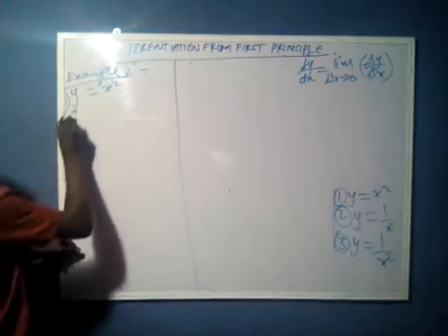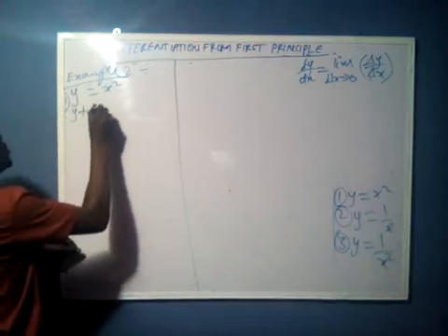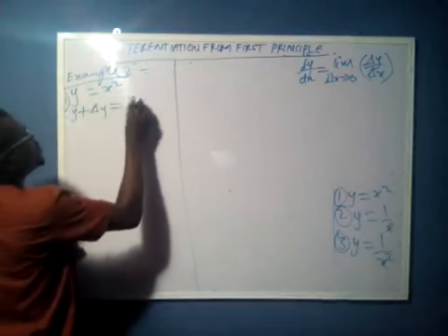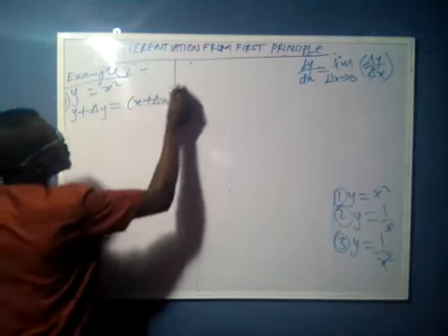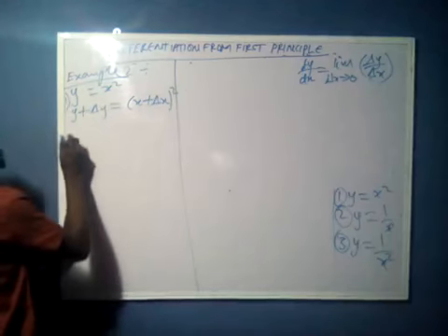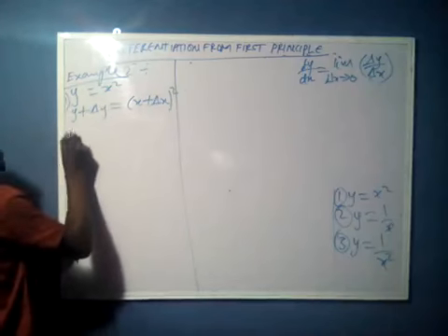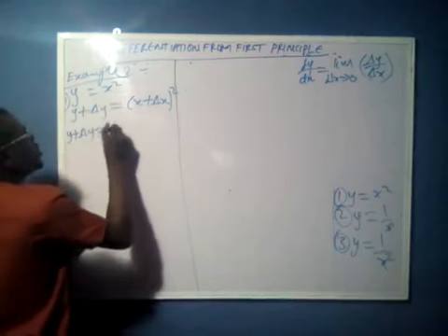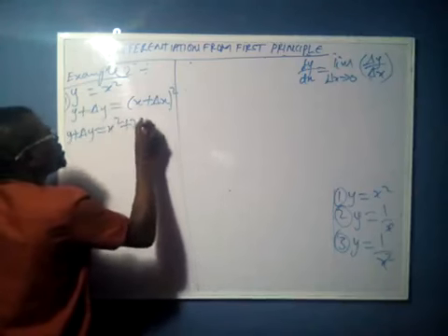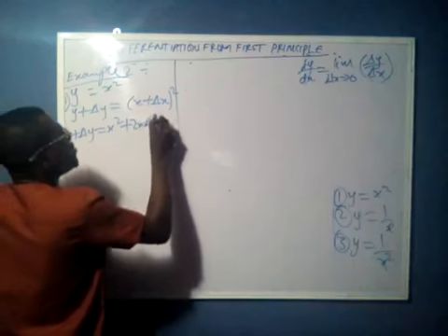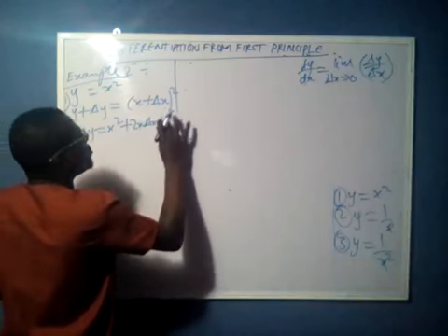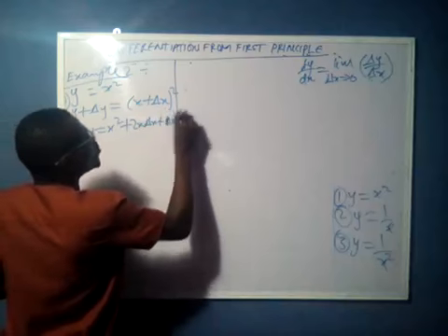So to every change in y, there is a corresponding change in x. So from there we can say that y plus change in y equals x squared plus 2x delta x plus delta x squared.